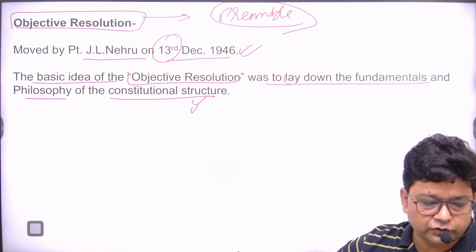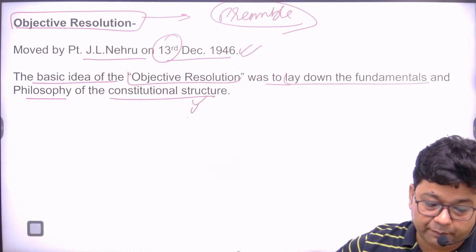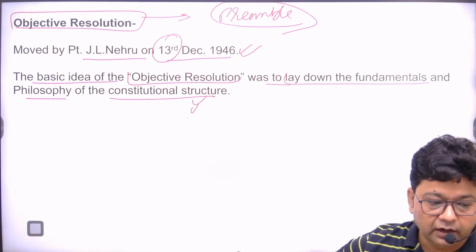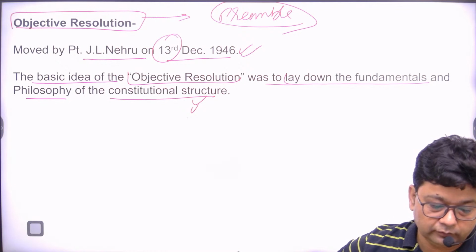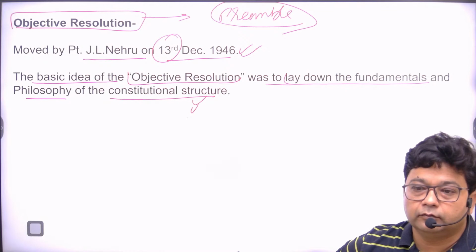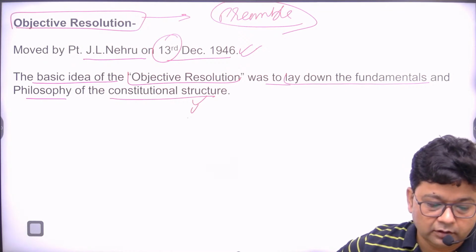It's clear? So write down: adequate safeguards will be provided for minorities, backward and tribal areas, and depressed classes and backward classes.